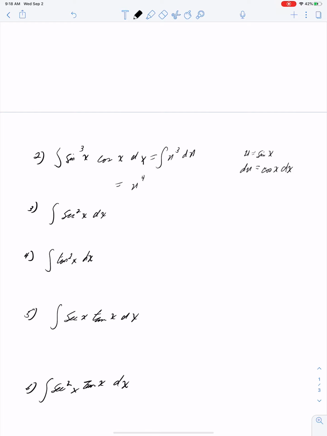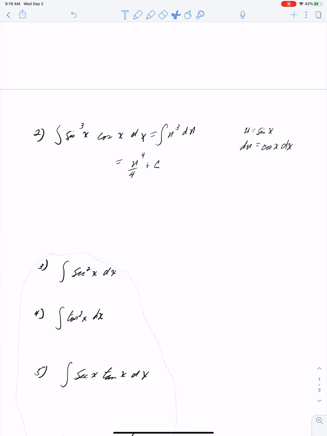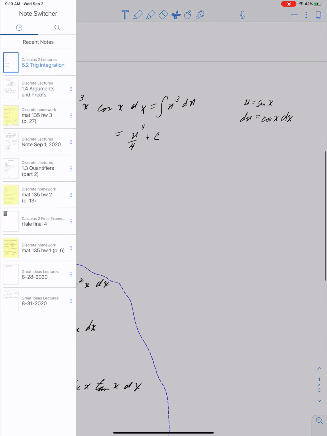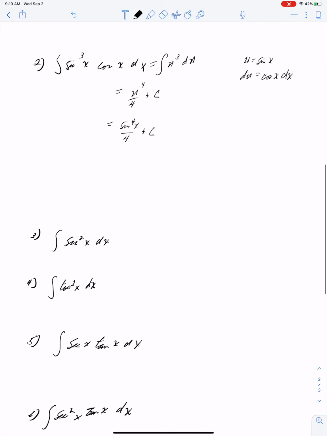U to the fourth divided by 4, add c, and of course that cleans up to be sine to the fourth x divided by 4, add c, and there we've done that one. Now let's look at number 3 for a second.